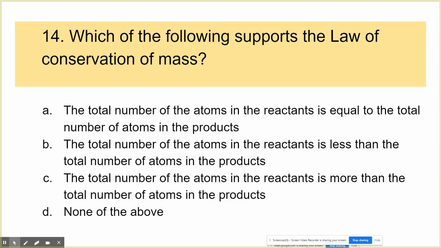So if you look closely at our chemical equations, you have to know that the total mass in the reactant side is equal to the total mass of products. But we can't measure the mass most of the time when we're doing chemical reactions. So when we're looking at chemical equations, we need to make sure that the total number of atoms in the reactants is equal to the total number of atoms in the product. So the correct answer here is letter A.